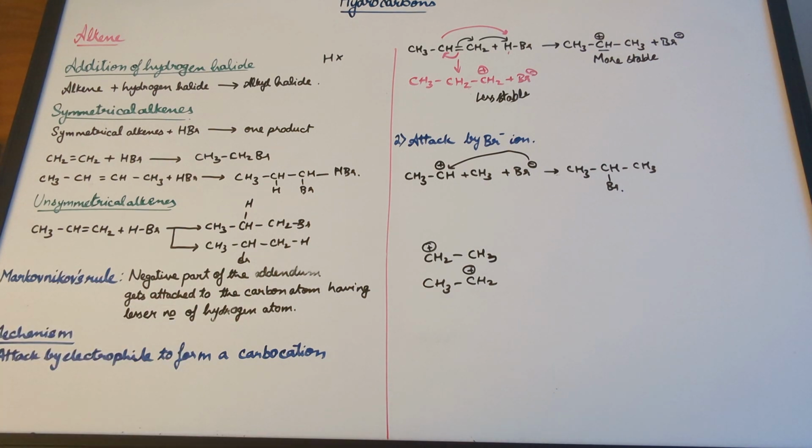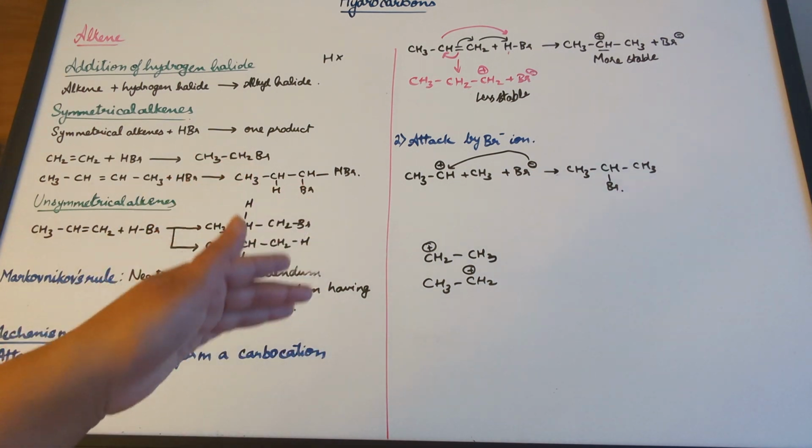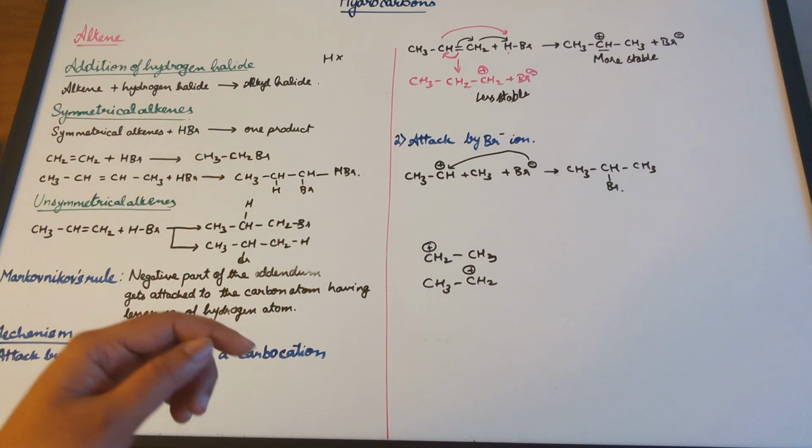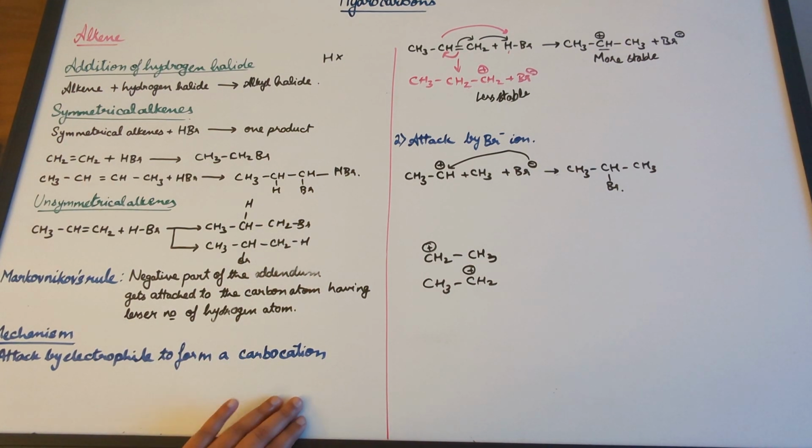And the carbocation which is more stable will give us more product, the major product. And so the bromide ion will come and attack the carbocation to give us the alkyl halide. So with that, we're done with the addition of hydrogen halide following the Markovnikov rule.